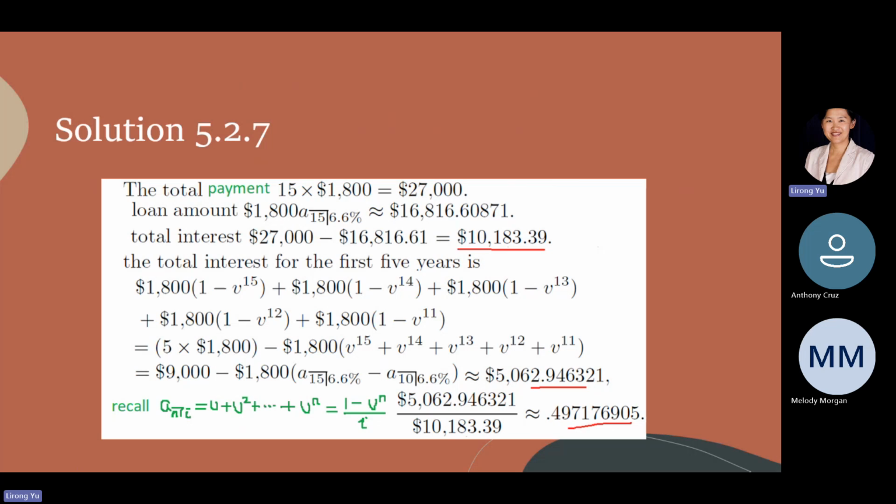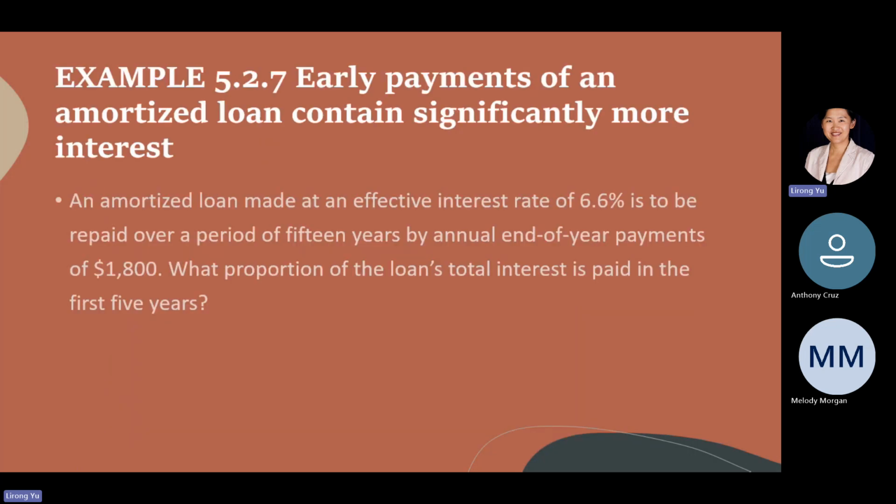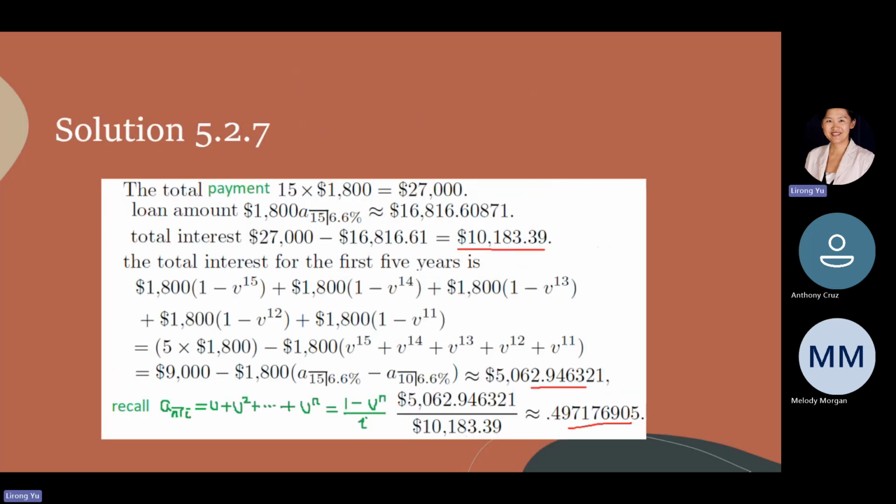What was the interest rate in here? 6.6. So you just put in the interest i for V equal to V to the 15 power, V to the 14 power, and so on. There's only 5 numbers. It's not that hard to do it without the a angle 15, a angle 16. So we have that will be the answer to this question.